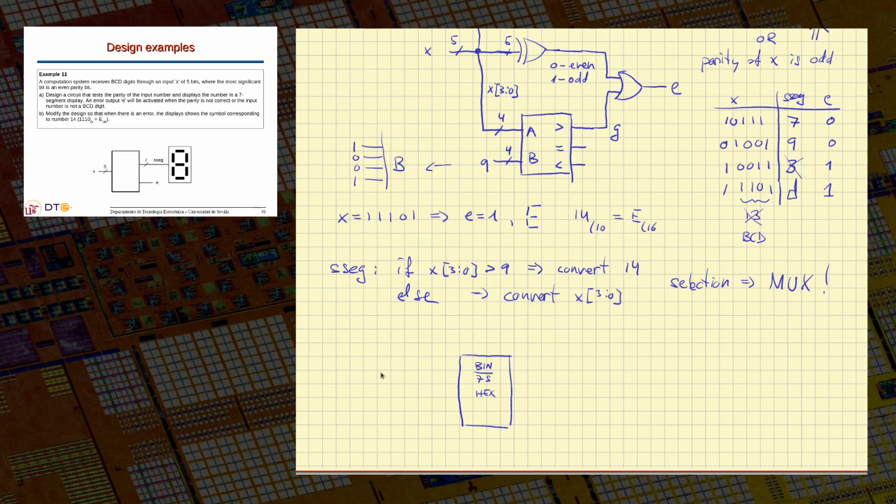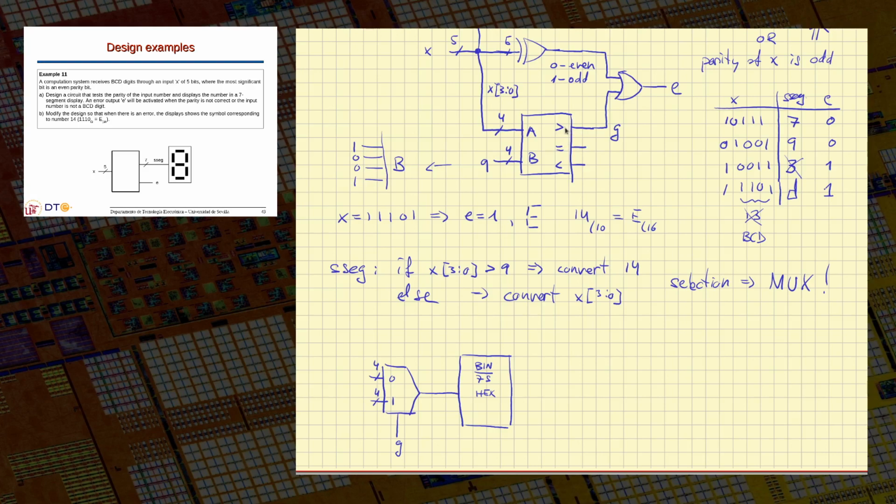So now at the input, we'll have a multiplexer. This is a multi-channel multiplexer. It uses the 4-bit data. And depending on the result of the comparison, this signal here, if it's 0, it means that the number is 9 or less.